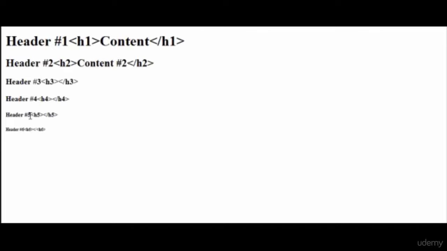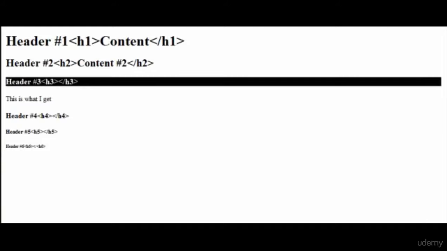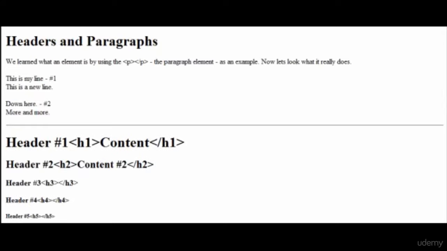And that's the reason why we went over what a block element is. This way when you're using a header, for example when I try to type something next to header number 3, this is what I get. It automatically creates a new line and puts my text down there because header number 3 is going to take up all this room.